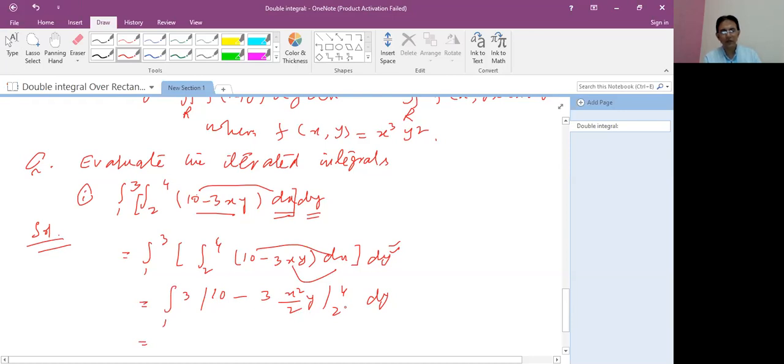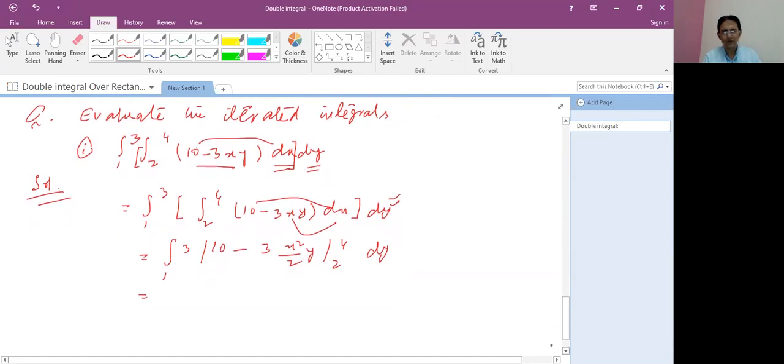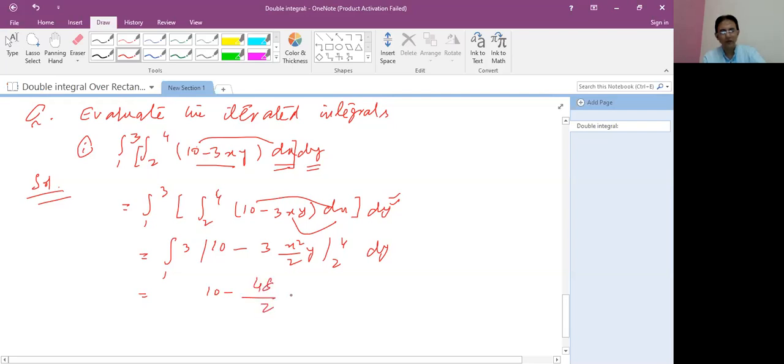When we apply the limit, students, upper and lower, the answer is 10 into 4, 10 fours are 40, minus 4 square, which is 16, 16 divided by 2, times 3y.